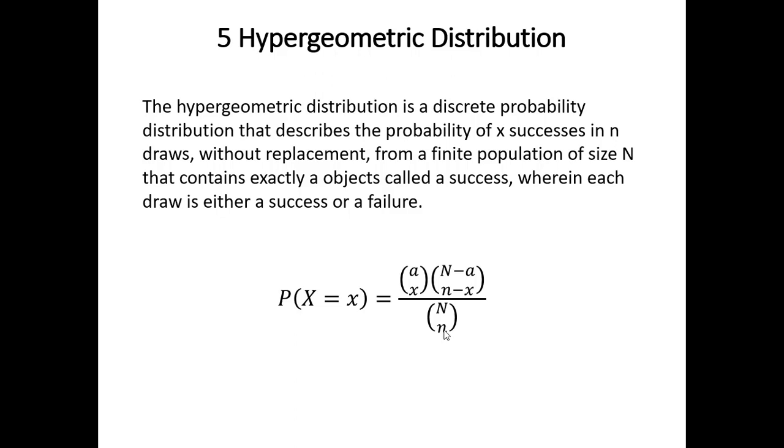So basically we're choosing a sample of size n, and we want to know what's the probability that we get x successes when in the population there's A successful items, and then N minus A is the number of failure items.